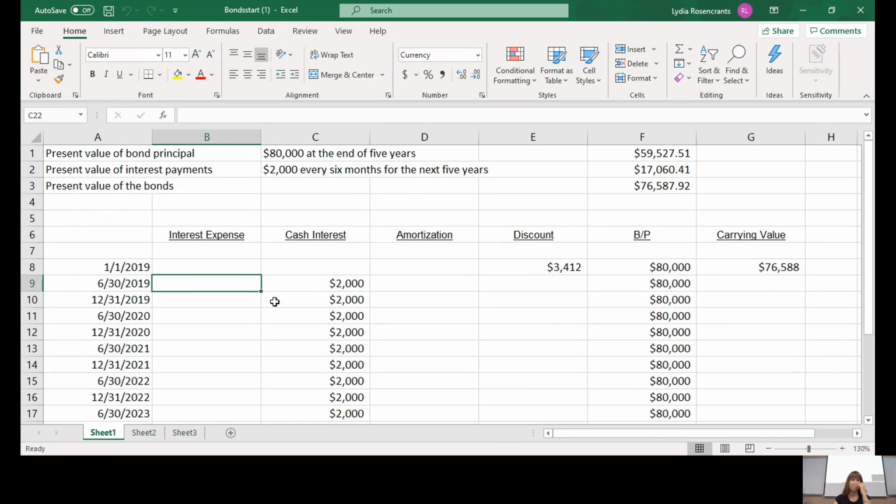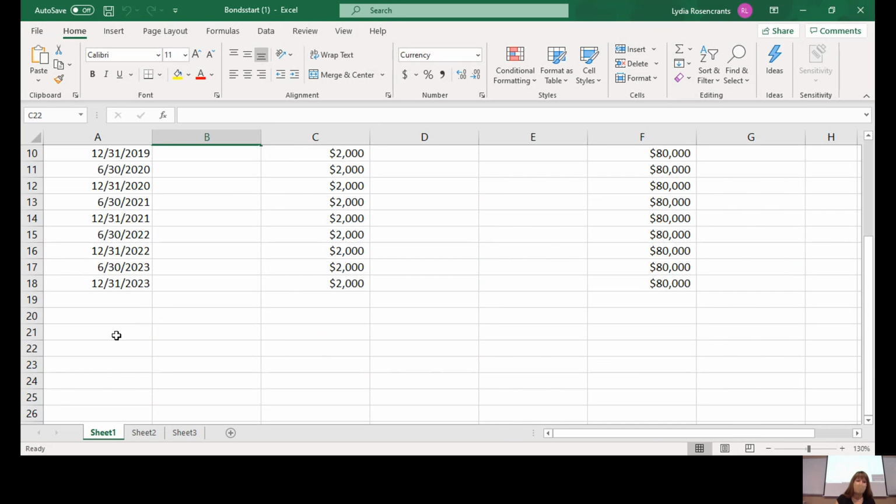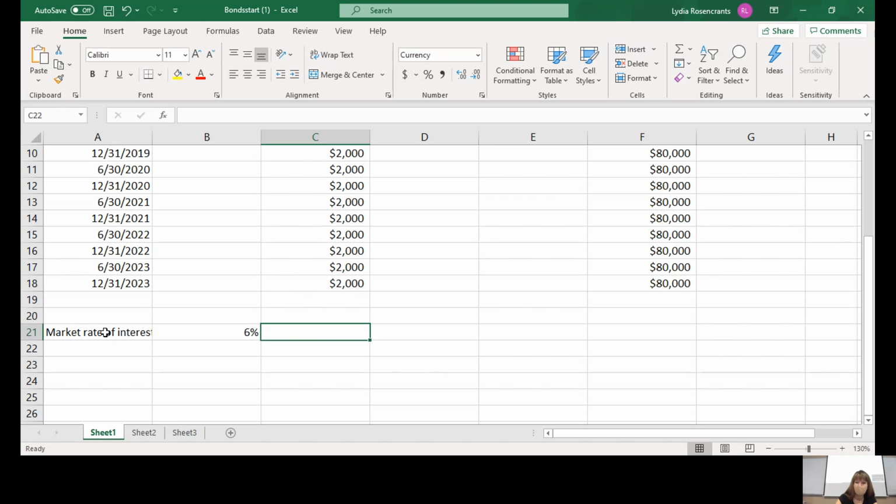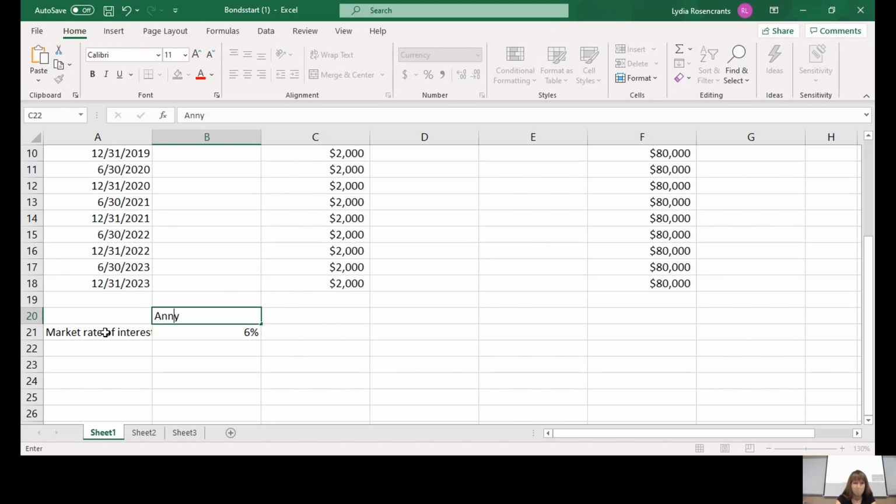So now we need to figure out what interest expense is, and I always like to use formulas if possible. So I'm going to put the market rate of interest down here. It is 6% annual. Semi-annual, we know it's half of that, right?